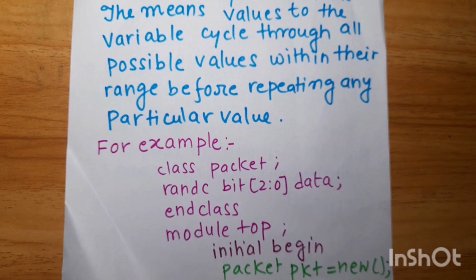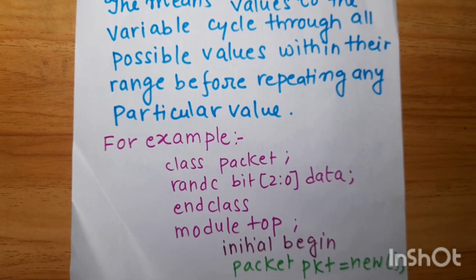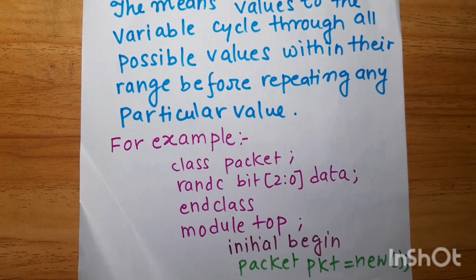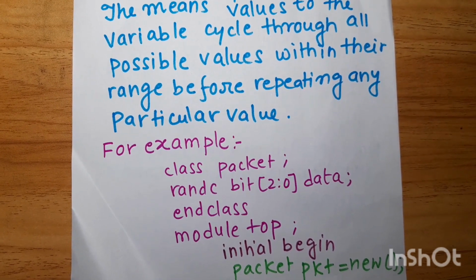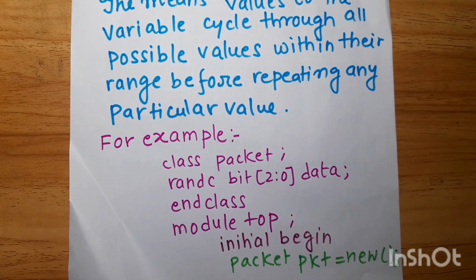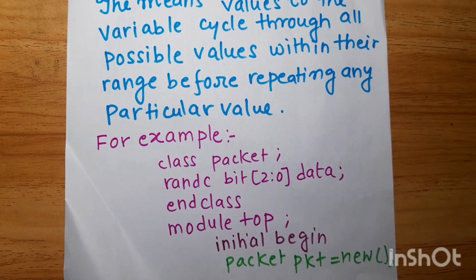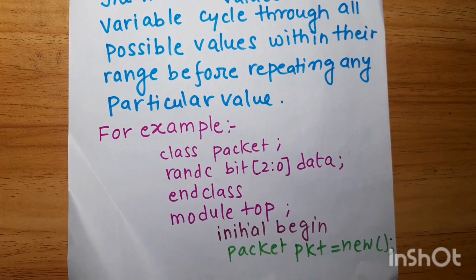For example, I have a class packet. Inside the packet, I have a property randc bit [2:0] data. Then endclass. Now in module top, inside the initial begin end, I am creating an object of the packet, pkt.